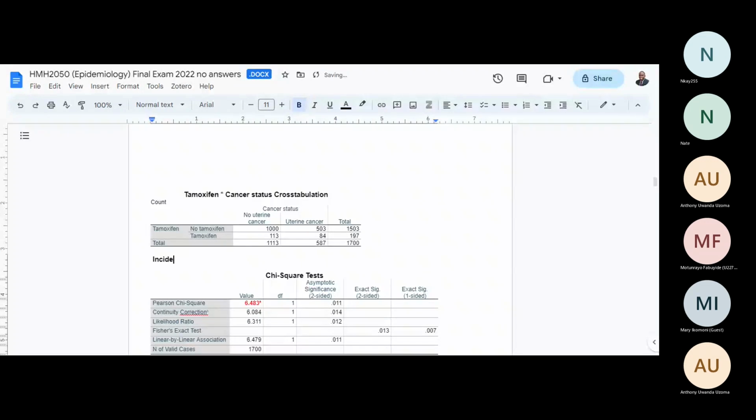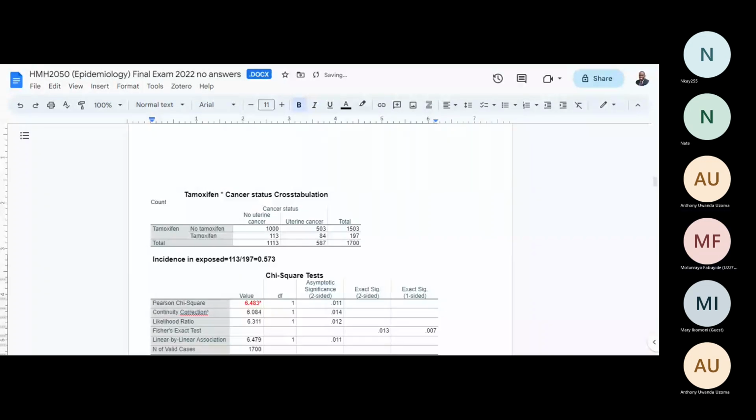Let's start with incidence. Incidence in the exposed group will be 113 over 197. That will give us 0.573 in decimal.